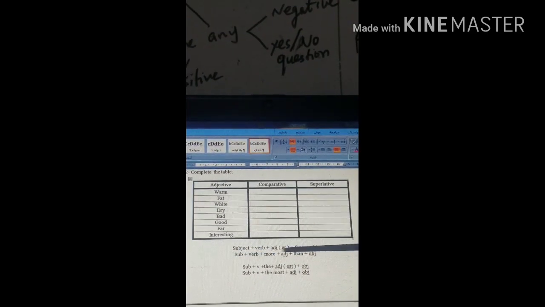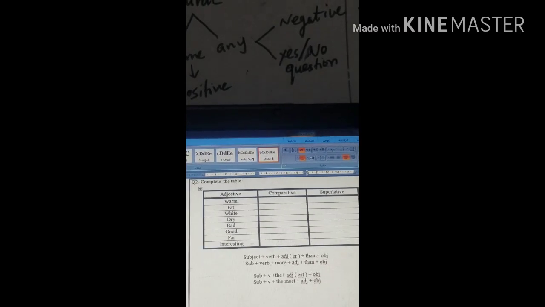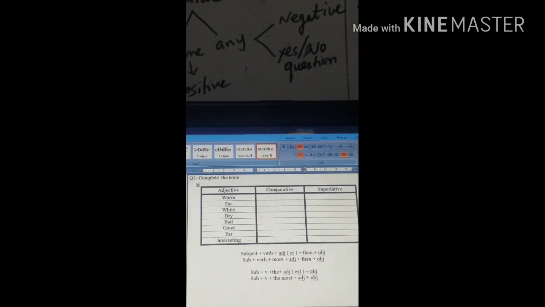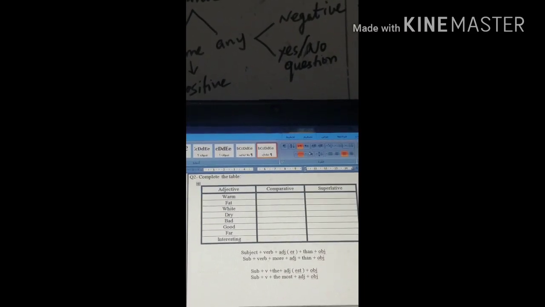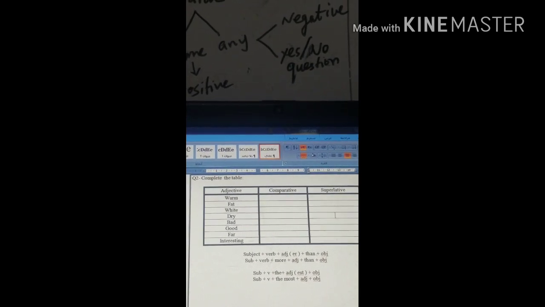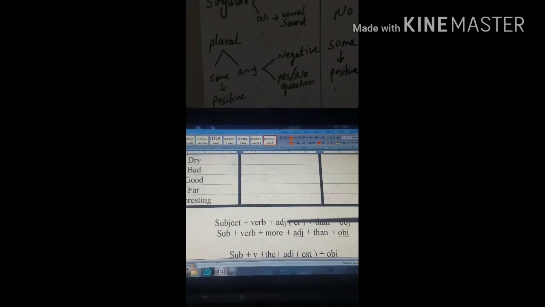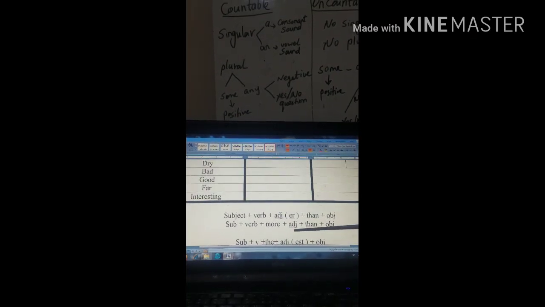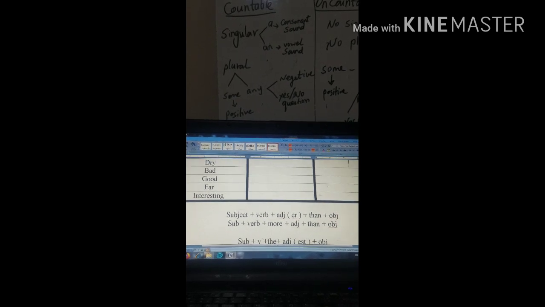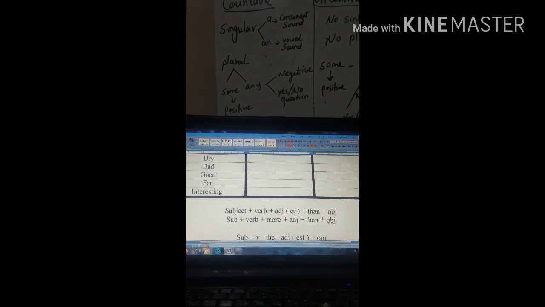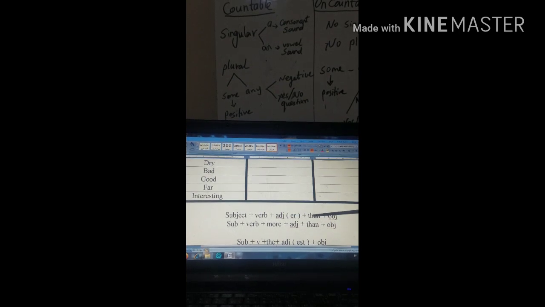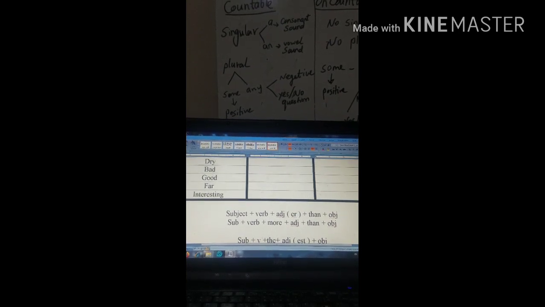So how do we make a sentence with the comparative or superlative? As usual, we are using subject plus verb. Adjectives have two kinds, short adjectives and long adjectives. A short adjective has one syllable or two, so I will add er, then complete the sentence.